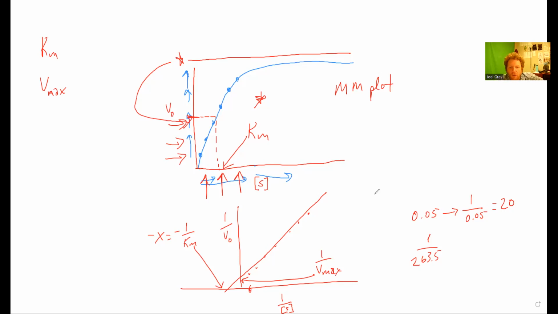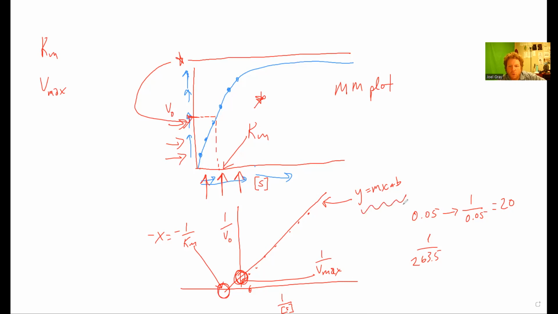Now, a good way to figure this out is, you're going to get a line, y equals mx plus b. If you want to figure out what this is right here, you're going to set x equal to 0. And if you want to figure out what this is right here, you're going to set y equal to 0.